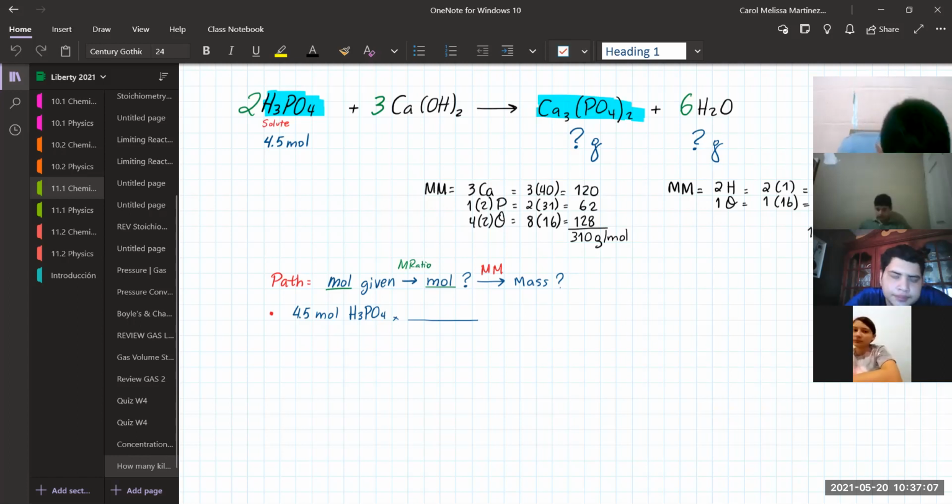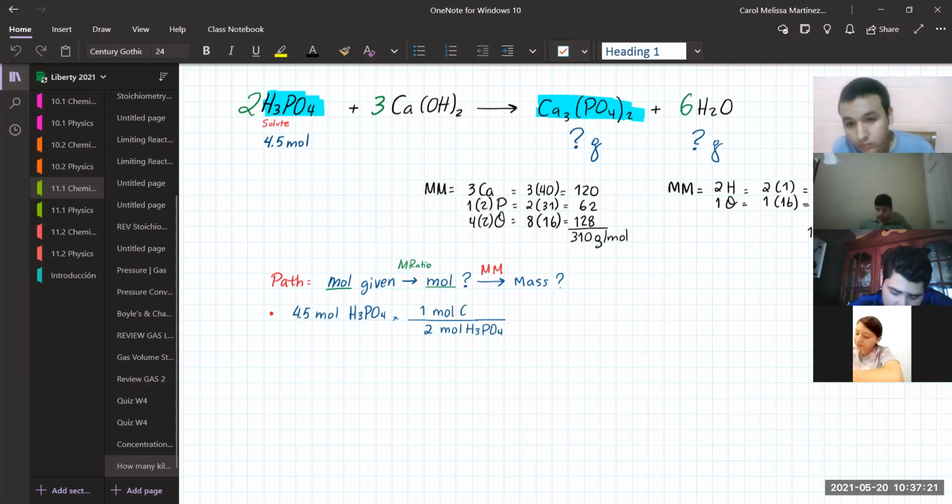How many moles of phosphoric acid does the problem give me? 2. And in the unknown, I have 1 mole of calcium phosphate. Here you cancel moles with moles. And then with the molar mass, I can get the grams.